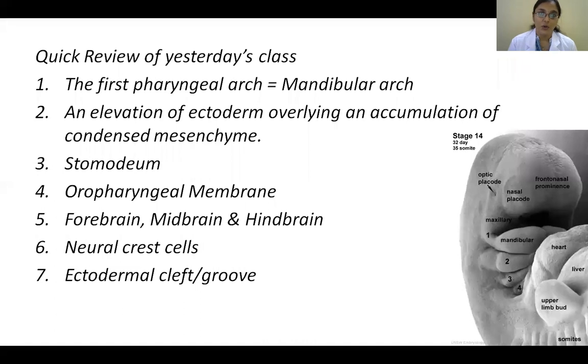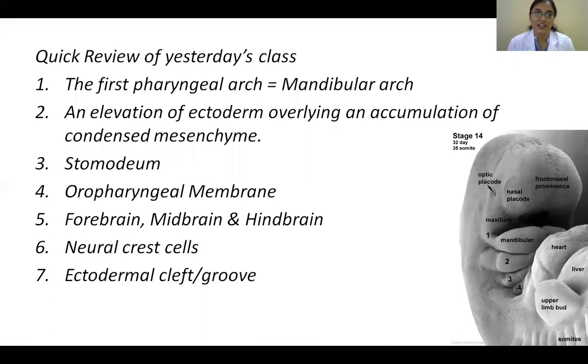And what is this arch? When you're seeing this elevation, yesterday I showed you what is within the arch. The arch is composed externally of ectodermal epithelium, internally of endodermal epithelium, and in between is mesenchyme. So the prominences or elevations you're seeing on the external surface of the embryo are nothing but proliferated mesenchyme, an accumulation of mesenchyme.